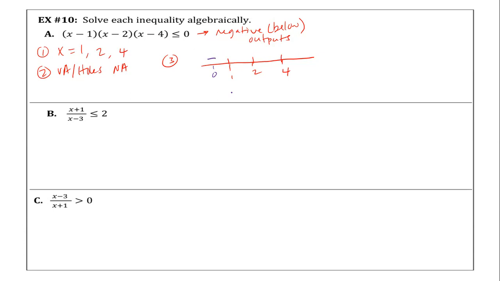Yes. All right. Now we're going to choose a number between 1 and 2, which would be 1.5. I plug in 1.5. That gives me 0.5 here. It gives me a -0.5 here. Are you with me?